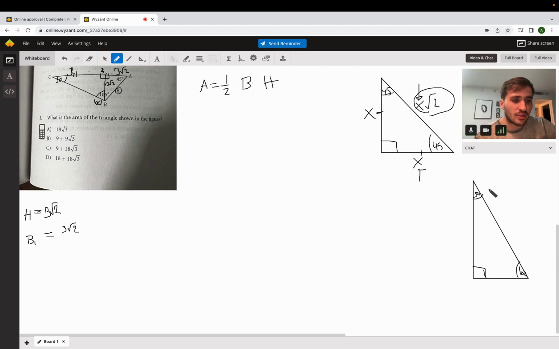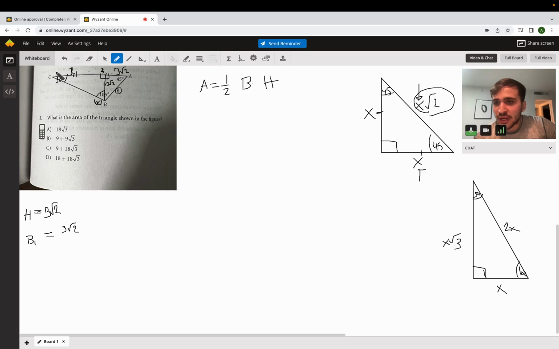So here are the ratios. The side opposite of 30 degrees is x. The side opposite of the 60 degree angle is x radical 3. And the hypotenuse is going to be 2x, okay? So just like we did with this triangle, we're going to set something equal to one of these ratios, okay?